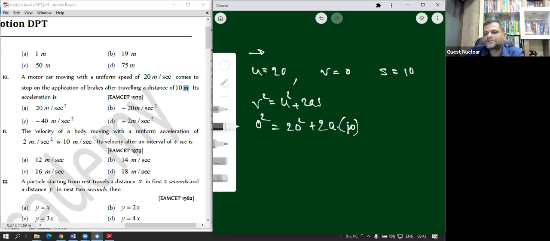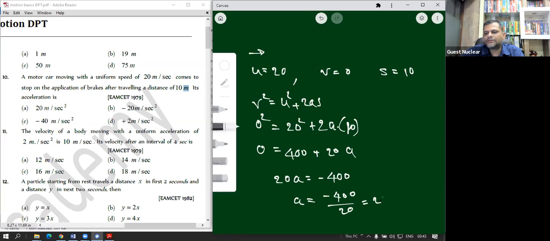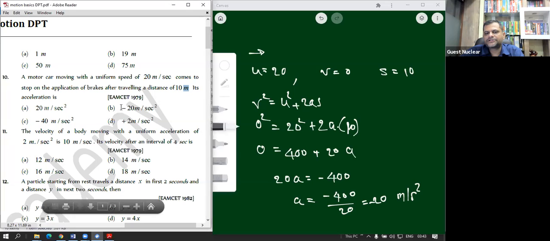So if we just simplify this further, then we can get 0 is equal to 400 plus 20a, correct है? So that we get 20a is equal to minus 400. And then if we just take this 20 in the denominator, then we get a equal to minus 400 upon 20, which is going to be minus 20 meter per second square. That is going to be the acceleration here.